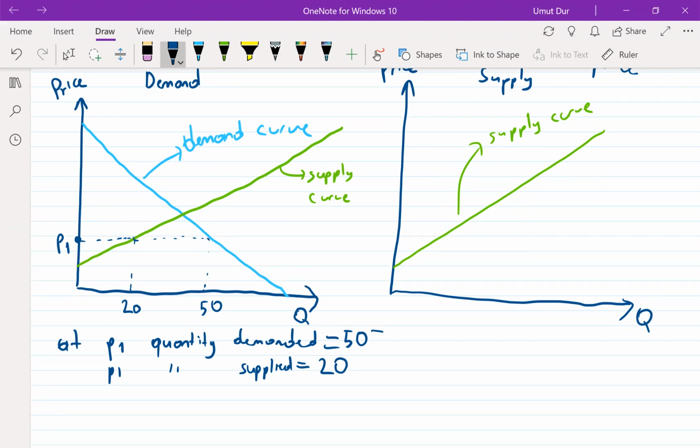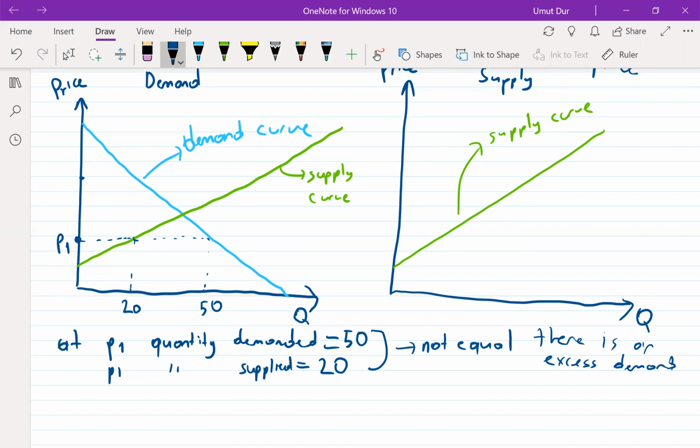So they are not equal. Which one is greater, demand or supply? Demand is greater. There is an excess demand. People are demanding more at this price, and there is not enough supply to sell to them.